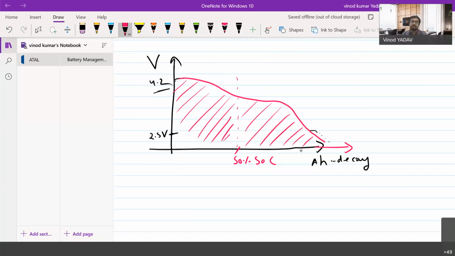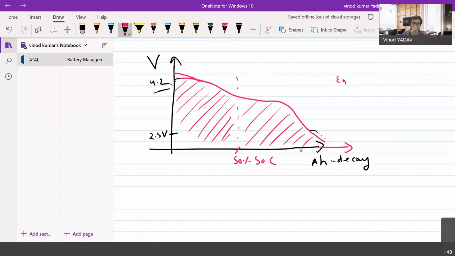At 50% SOC, I mean the amount of charge before and after 50% capacity should be the same, but it is not, due to the voltage. The energy present up to 50% and the energy present before 50% discharge are not the same.